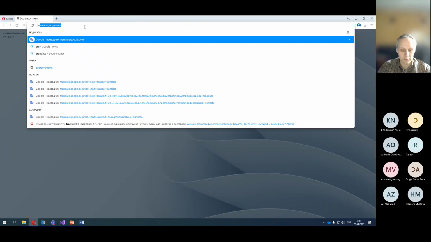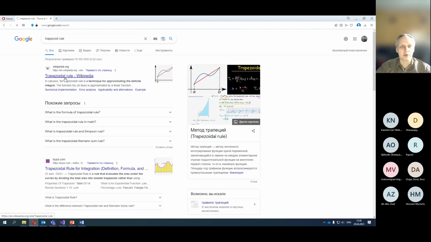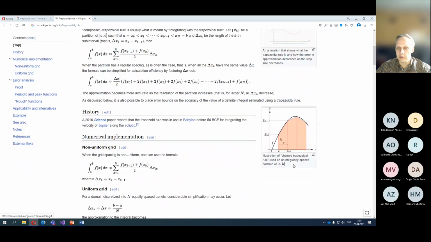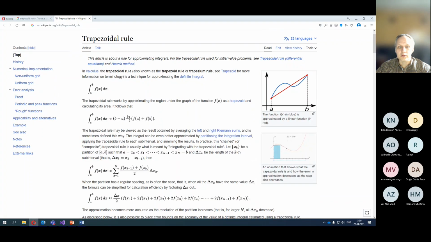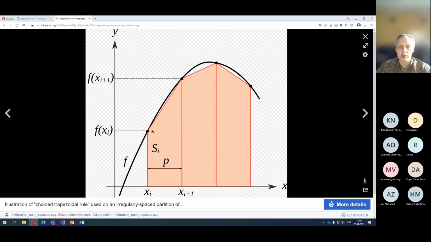If you type trapezoid rule, the first link will lead to Wikipedia, with the same formula, and this picture illustrates how we can find the integral from this point to this.